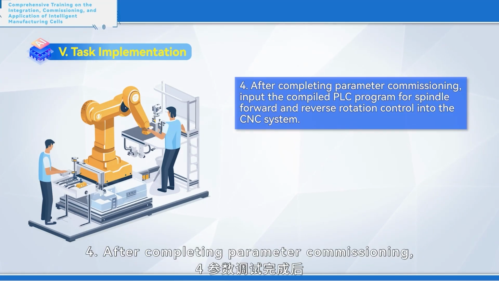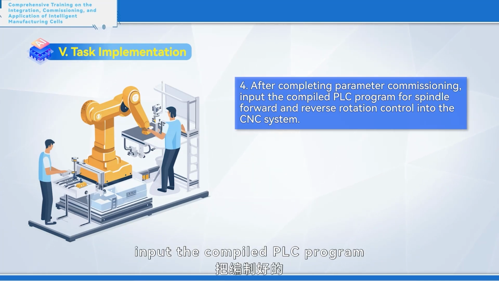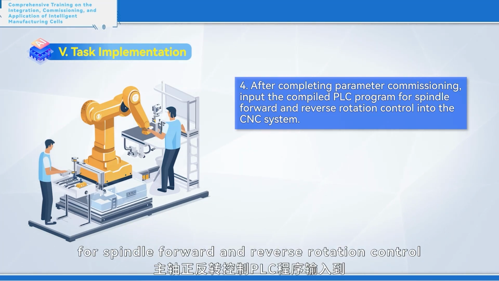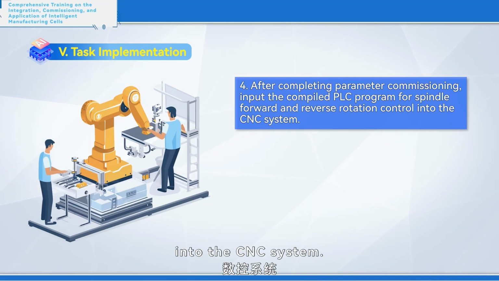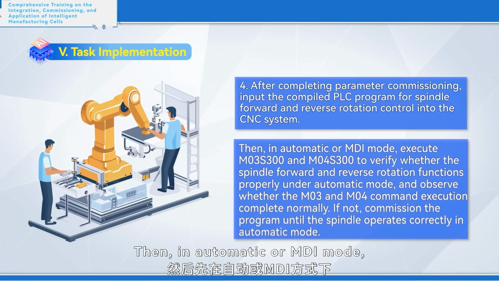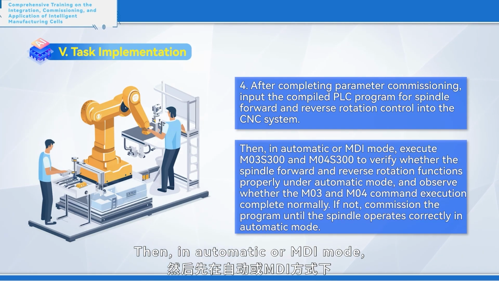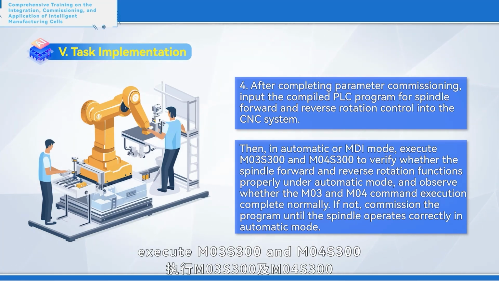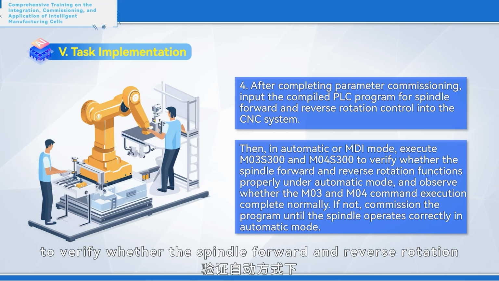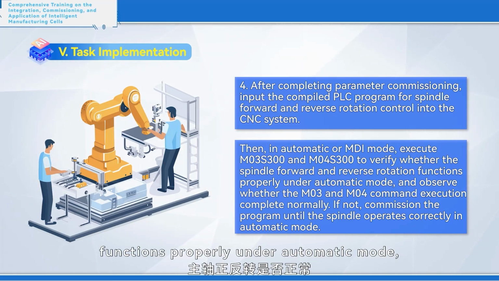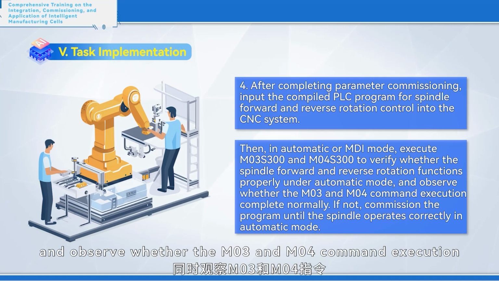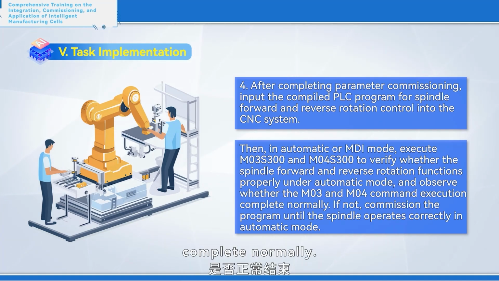4. After completing parameter commissioning, input the compiled PLC program for spindle forward and reverse rotation control into the CNC system. Then, in automatic or MDI mode, execute M03S300 and M04S300 to verify whether the spindle forward and reverse rotation functions properly under automatic mode, and observe whether the M03 and M04 command execution complete normally.